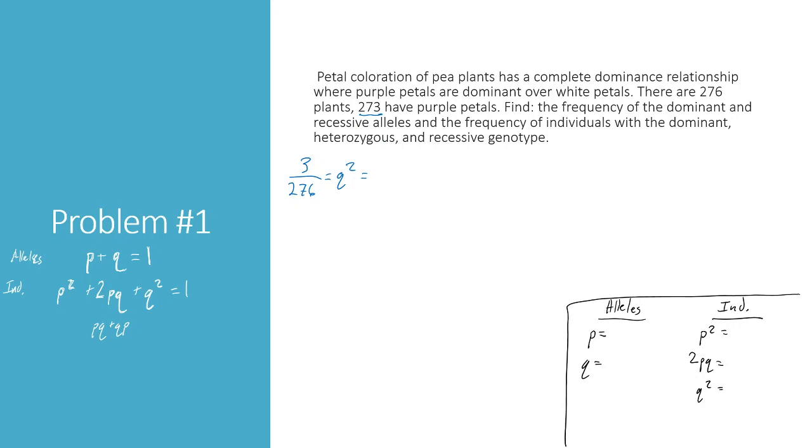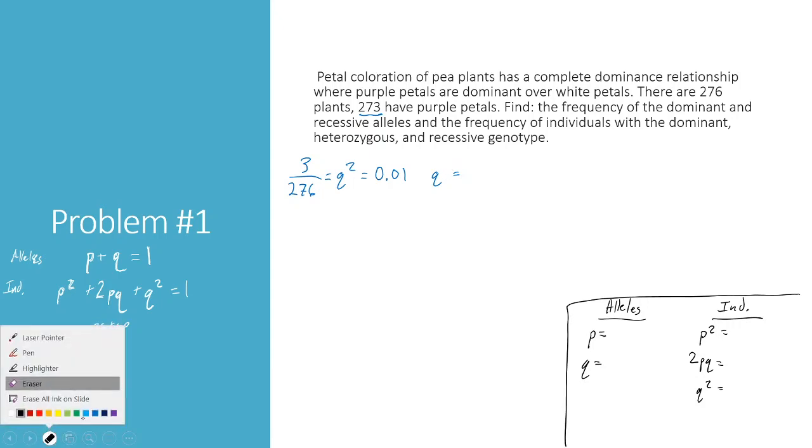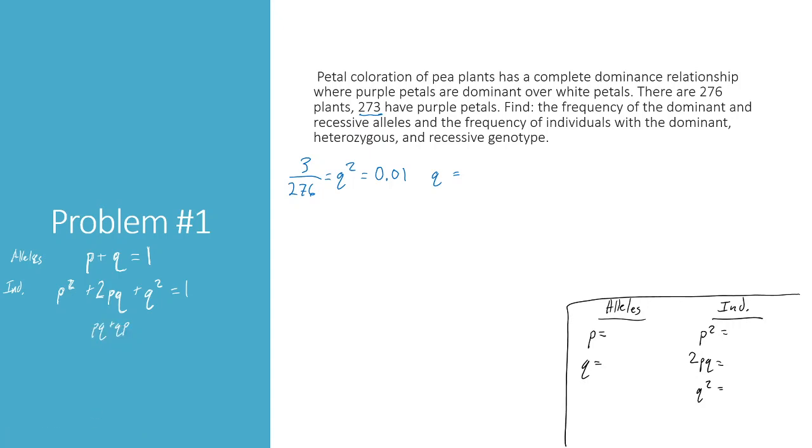If we punch that into our calculator, 3 out of 276 is just about equal to 0.01. So if we want to find what q is, we can take the square root of 0.01 and we find, oops, sorry, I squared that. Simply, we find that q is equal to 0.1.